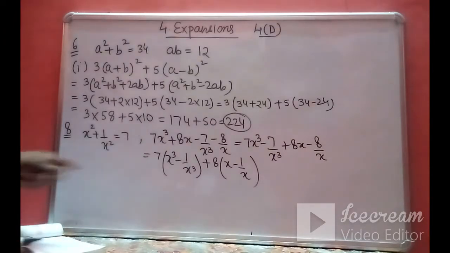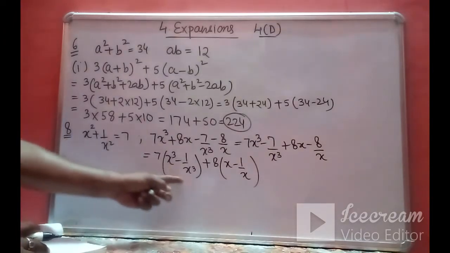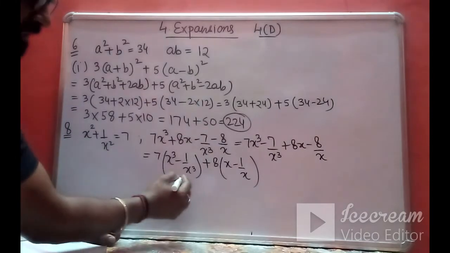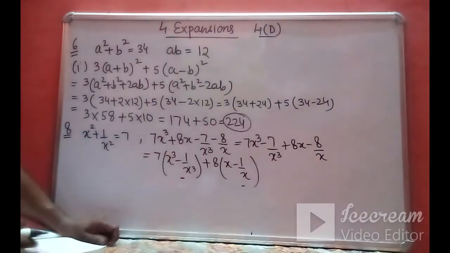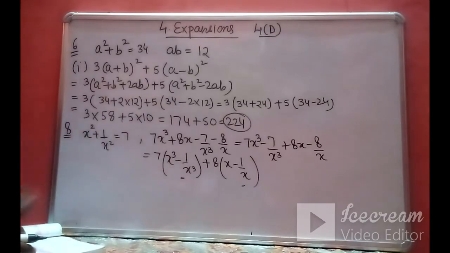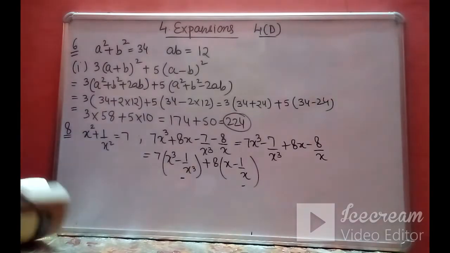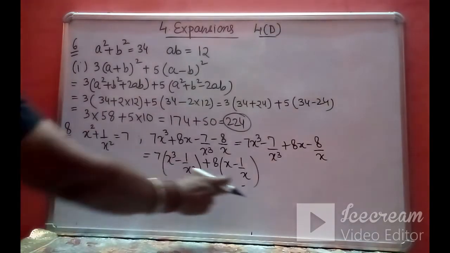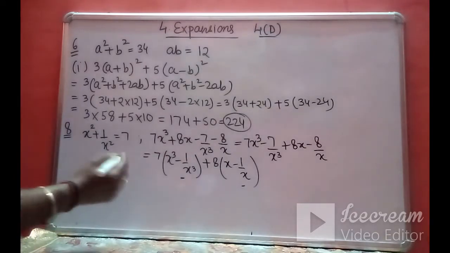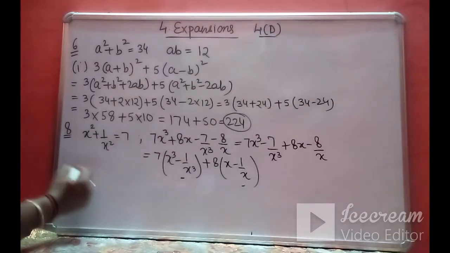So actually what we have to find in this, we have to find these values. Okay, we have to find these values, so we can easily get the answer. Now first thing that we will find is x minus 1 upon x. So I think now everyone knows how to find it.